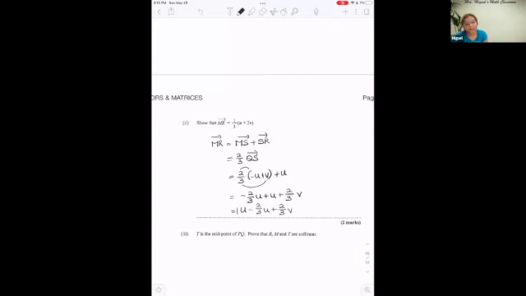One U minus 2/3 U. How much is 1 minus 2/3? 1/3 U plus 2/3 V, and 1/3 is common, so I can take that out.